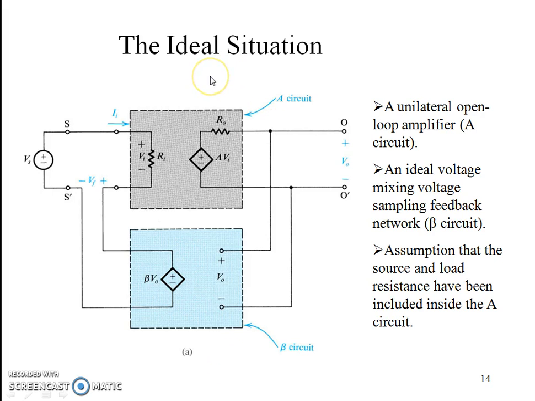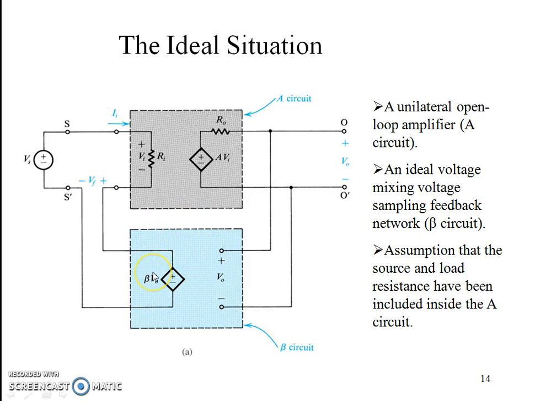In the ideal situation, what will happen? First, a unilateral open loop amplifier. This is the A circuit. Second, an ideal voltage mixing, voltage sampling feedback network, the beta circuit. This is the sampling feedback network.